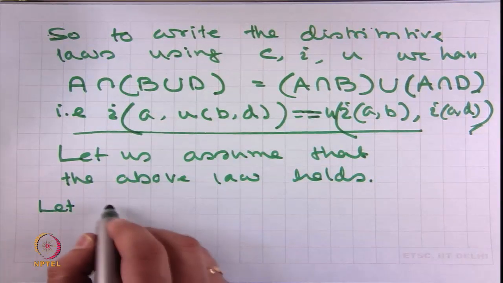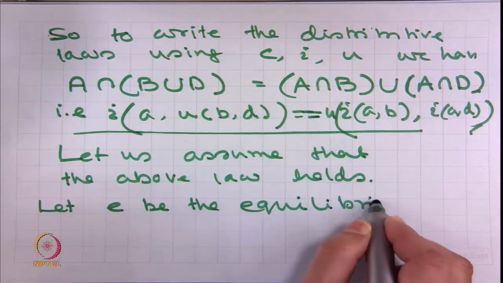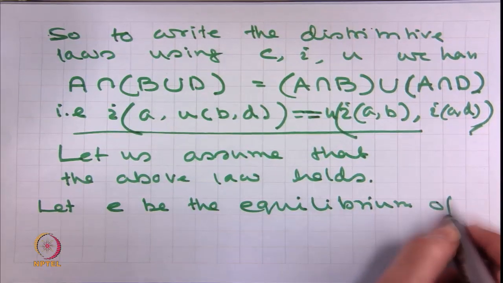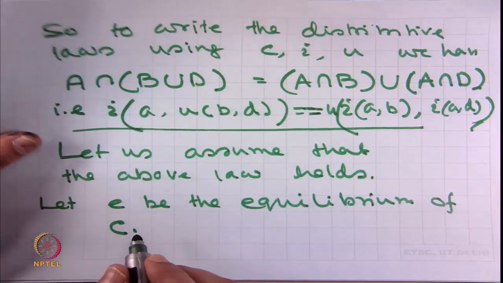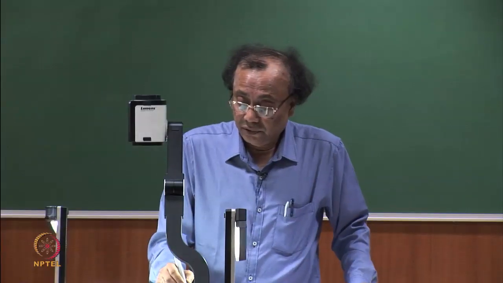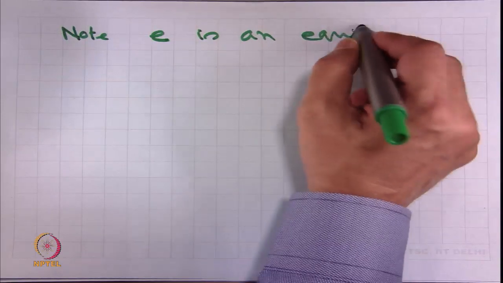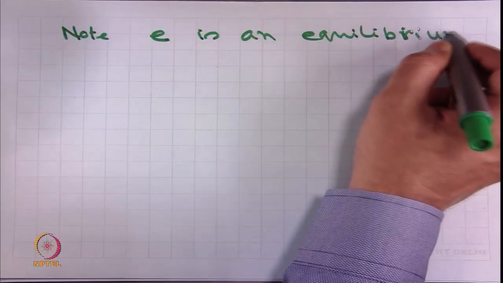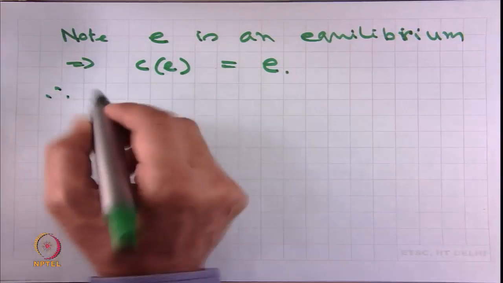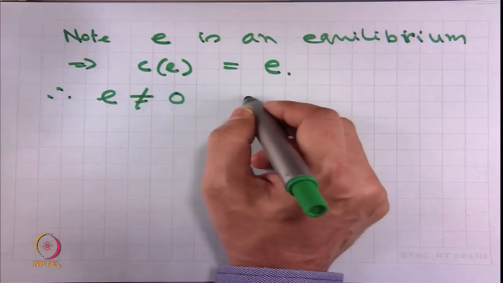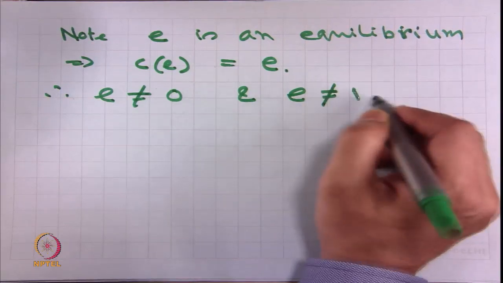Let E be the equilibrium of C. Note that E is an equilibrium implies C of E is equal to E. Therefore, E is not equal to 0 and E is not equal to 1.